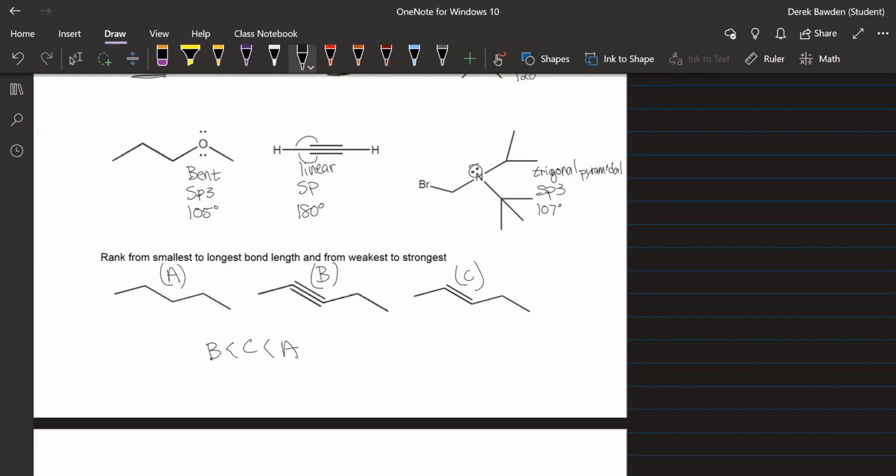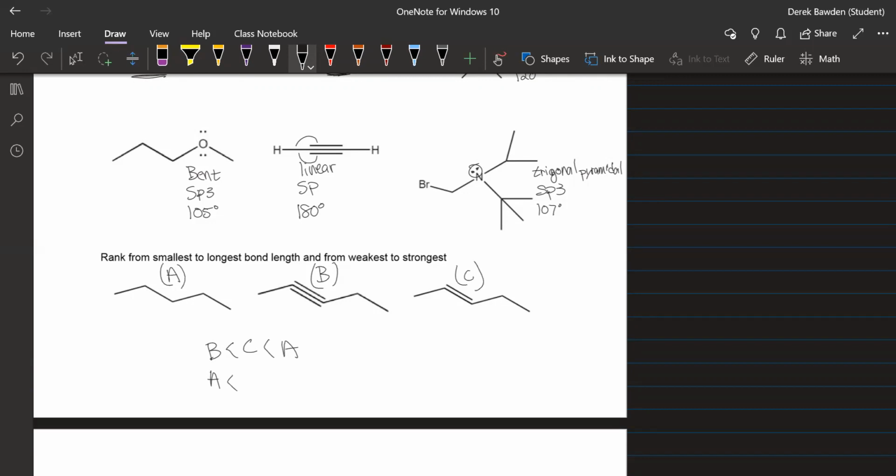Cool. And then we've got from weakest to strongest. What's our weakest bond? A double, single, or a triple? The single bond is the weakest. Perfect. Single bond, right? So A is our weakest bond.